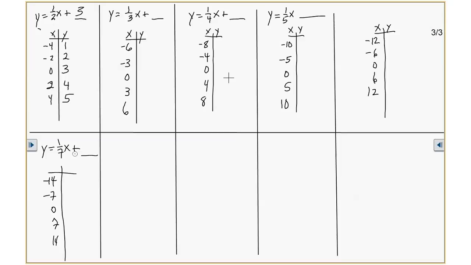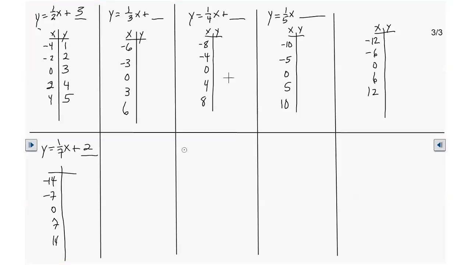So you do this one. Do 1/7 x plus 2. I'll let y'all do that. And if you fill out this whole sheet, that's extra practice for you. And I tell you what, why don't we do 9?